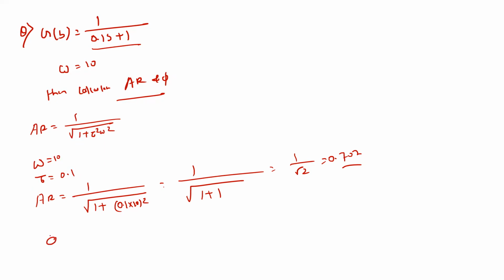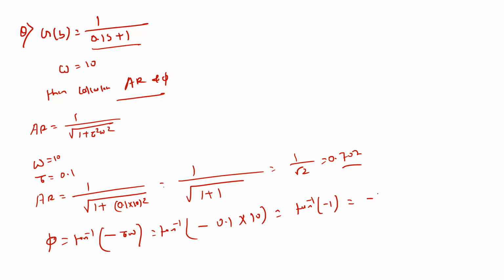Now I want to calculate phi. Phi is tan inverse minus τω. Tau is 0.1 and omega is 10, so tan inverse of minus 1, that is equal to minus pi by 4. Is it clear?